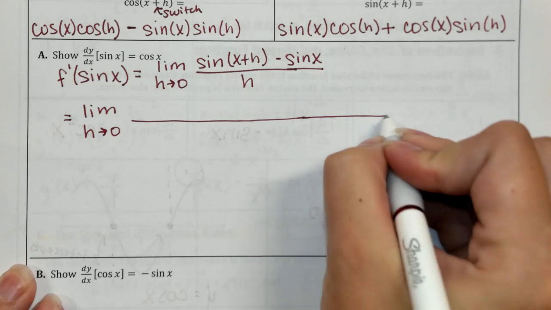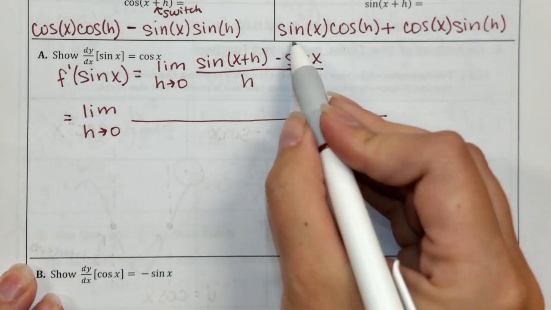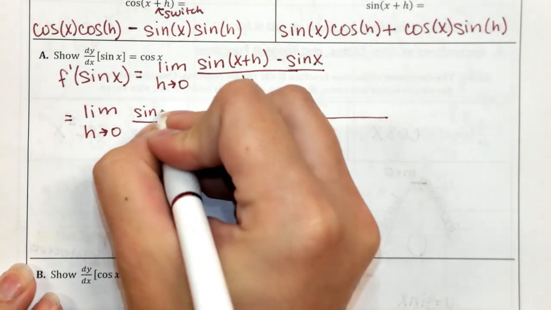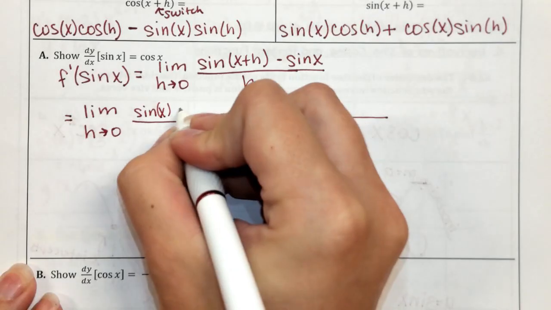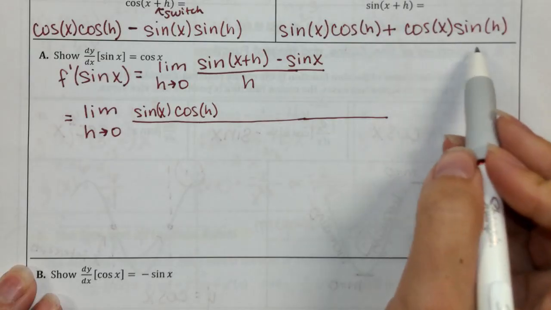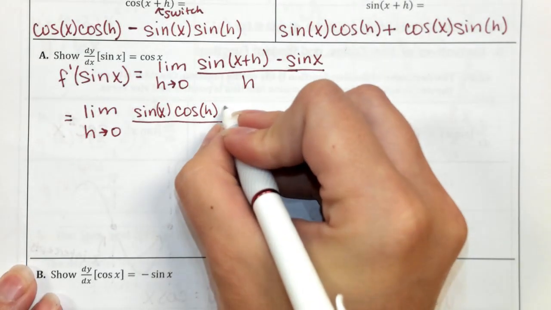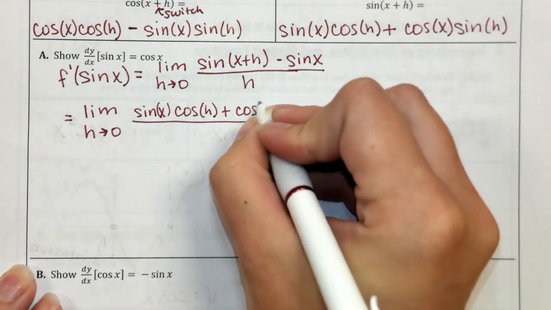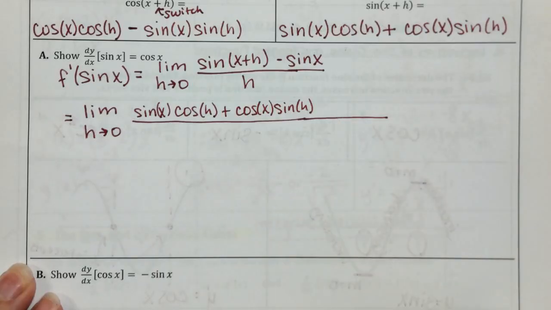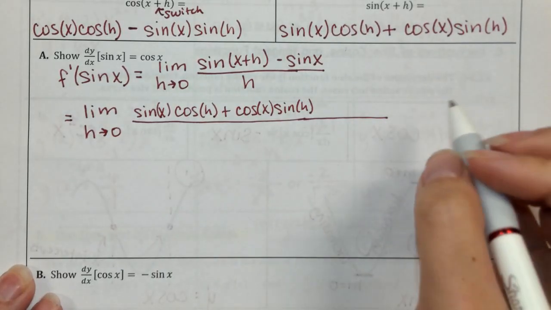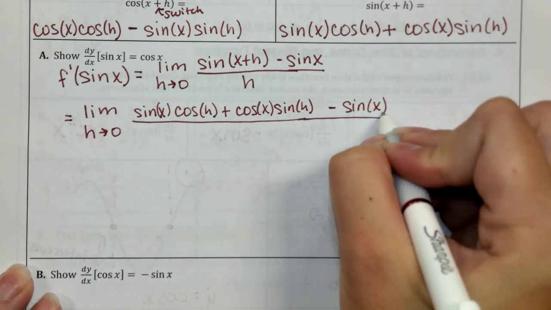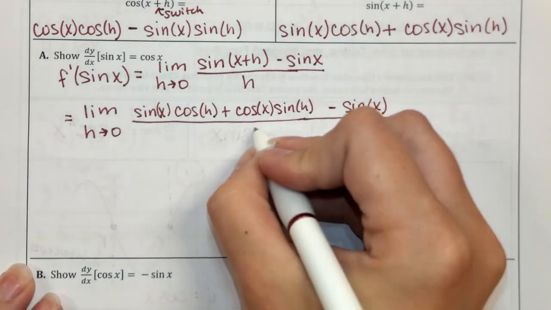So I have sine of x cosine of h plus cosine of x sine of h. It's one of those fun math problems where there's no more numbers. Okay, and then we have a negative sine of x by her lonesome, and this is all over h.